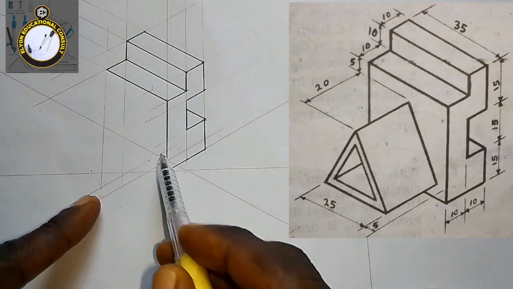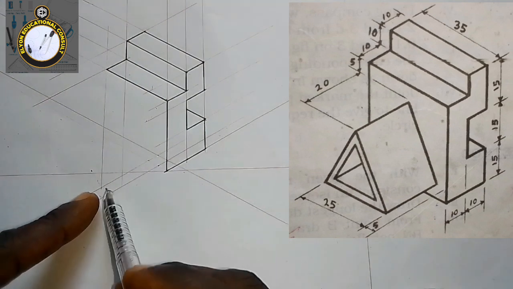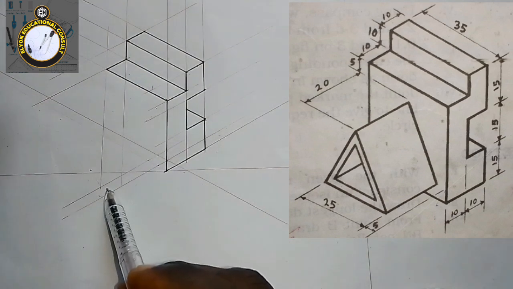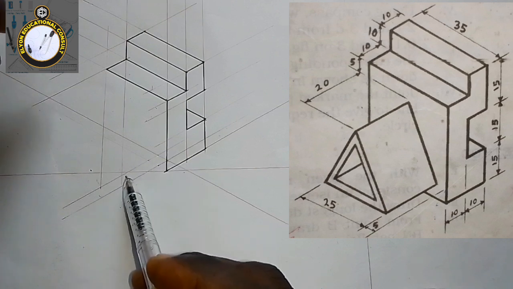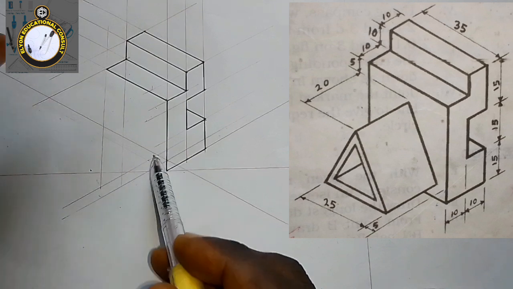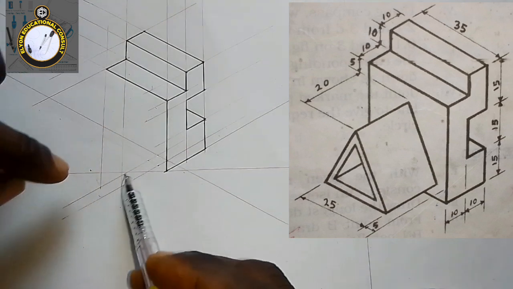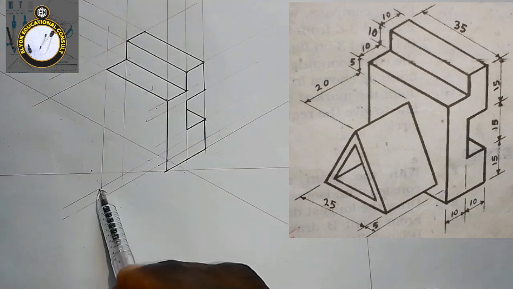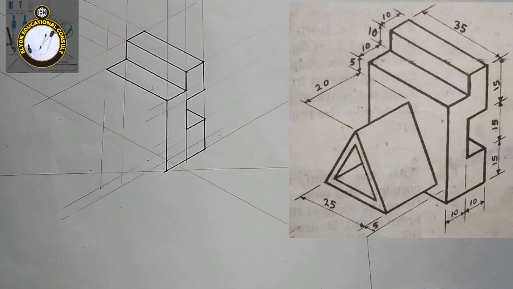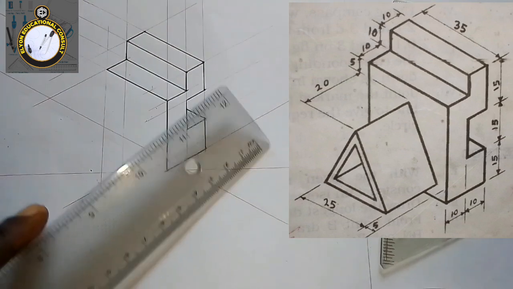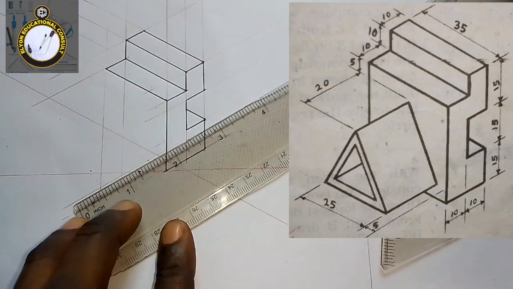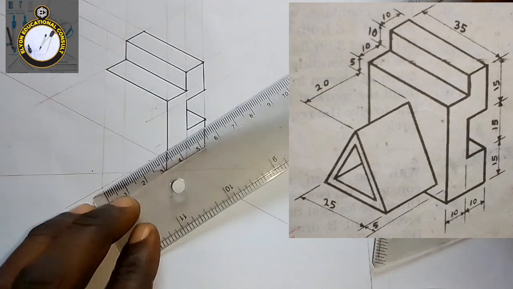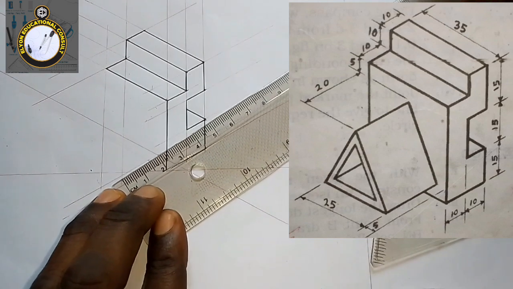So I'm going to be taking length 20, because you can see the measurement of the upper part of the triangle as shown in the diagram. So it's 20, so this side also must be 20. So I'm going to measure 20 from that part now. I will take 20, that is 2 centimeters.